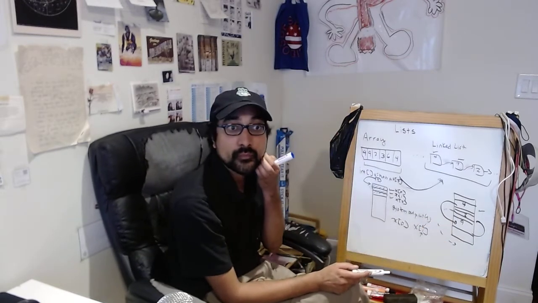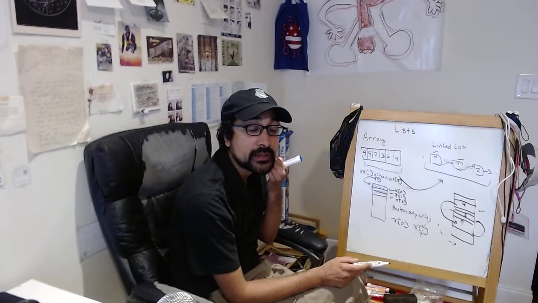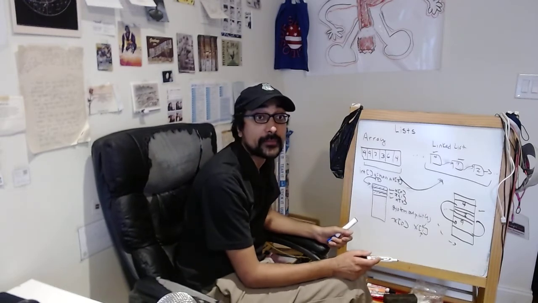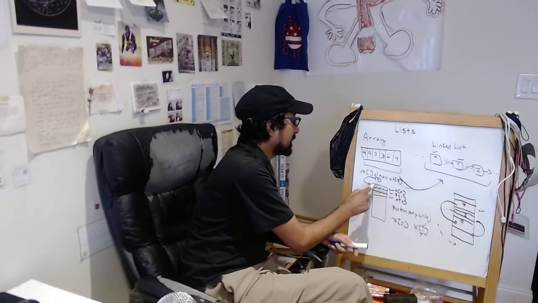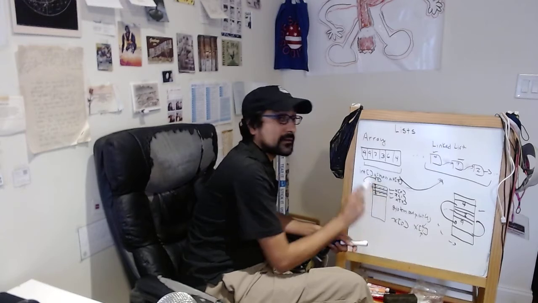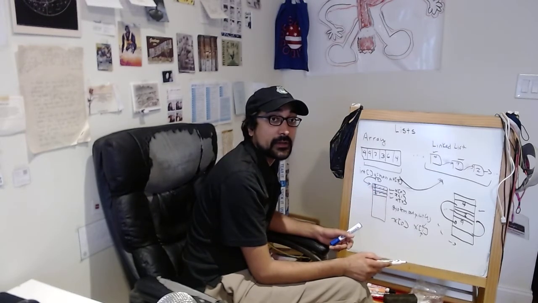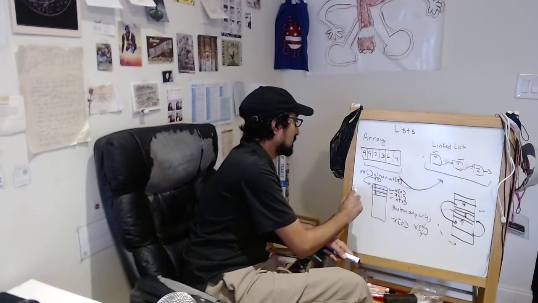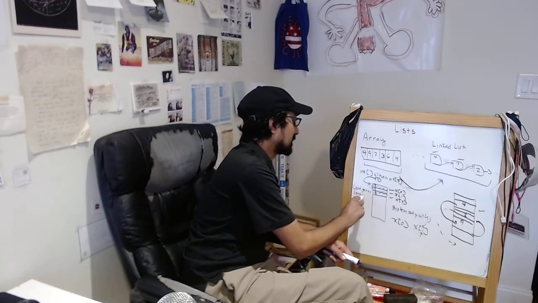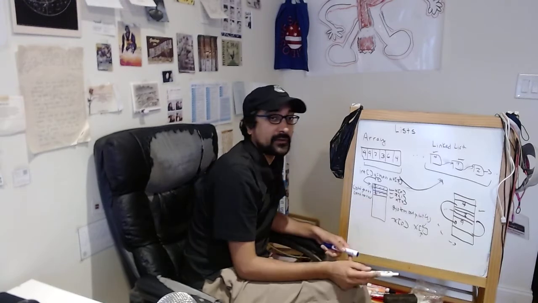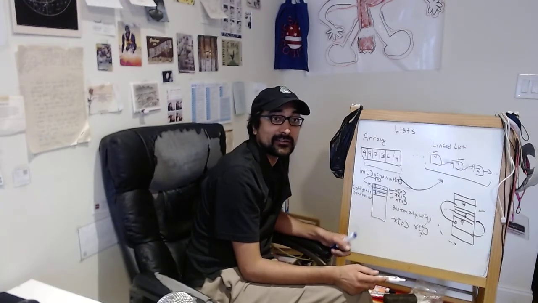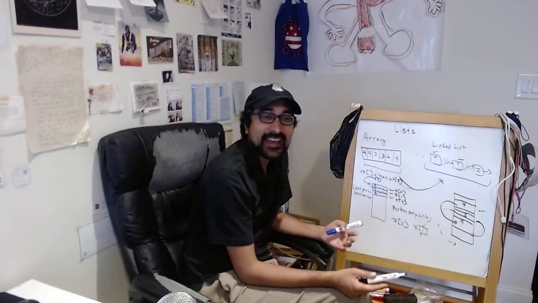Now, the difference between these two things in terms of memory is that arrays are contiguous in memory. Contiguous and continuous, you can just think of them as together in memory.